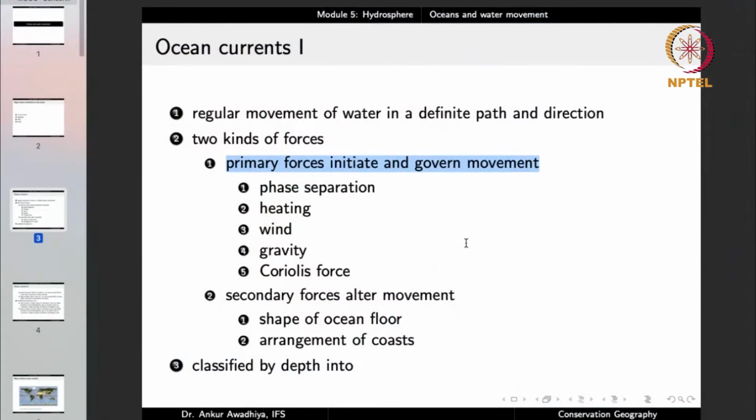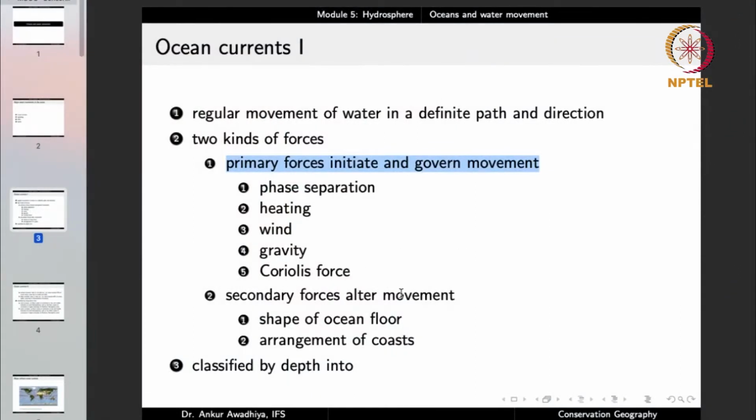Now because the earth is rotating, any movement in the northern hemisphere will be turned towards the right, any movement in the southern hemisphere will be turned towards the left, with the Coriolis force being maximum at the poles and zero at the equator. So Coriolis force, because it defines the direction of movement of water, is also a primary force.